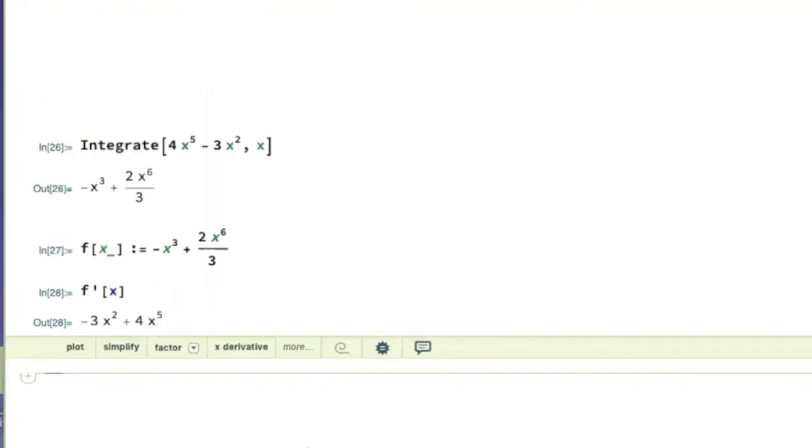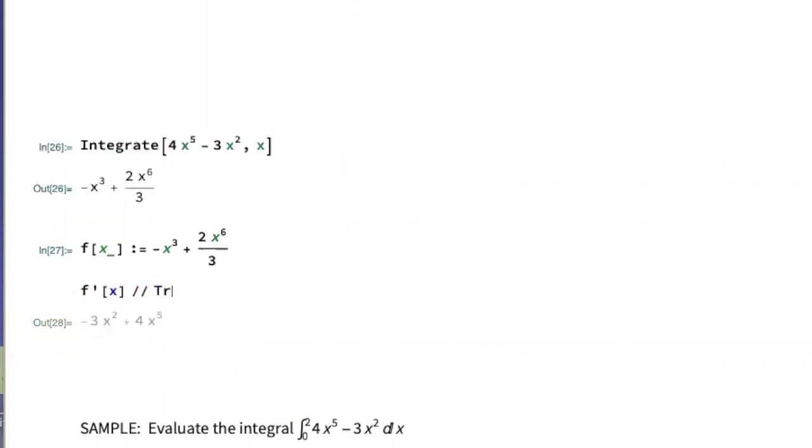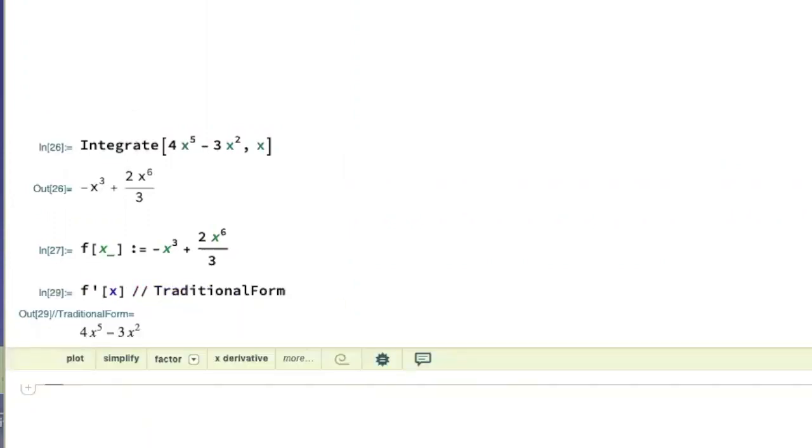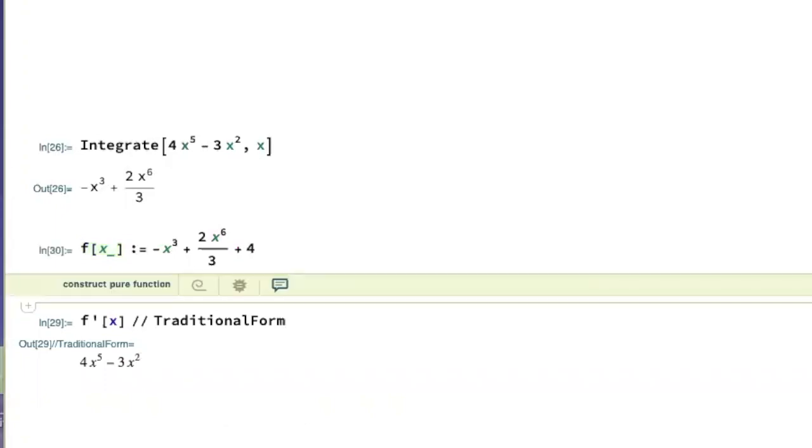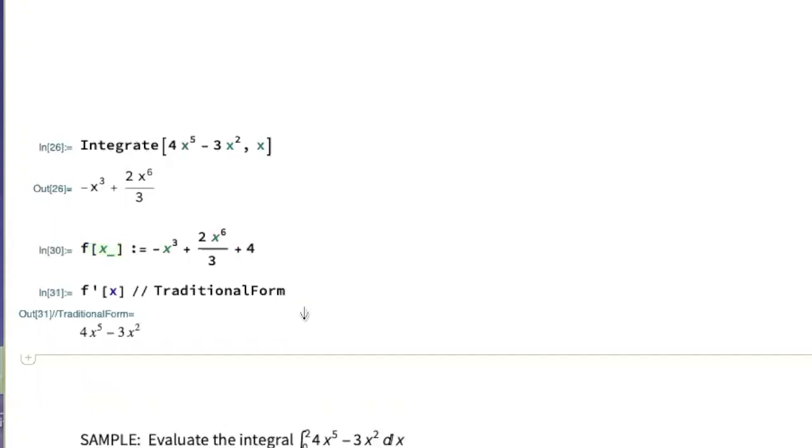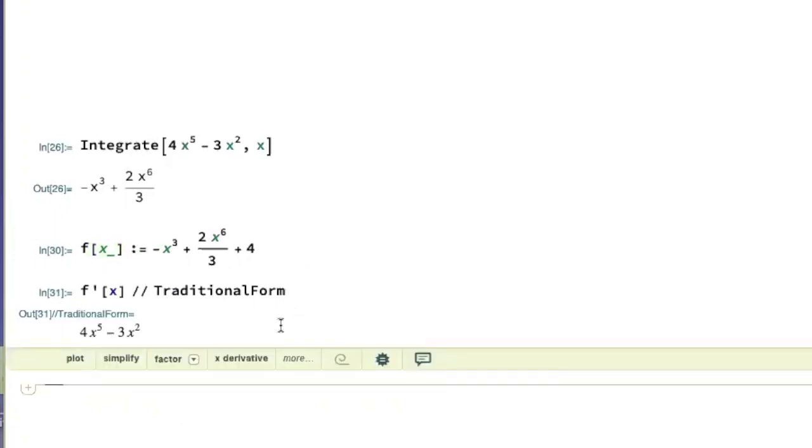Very quickly, I just stored my last output as a function, and then I took that function's derivative, and you can see that this output matches what was in my original integral. But what I'm trying to say is there might have been a plus 4 here in my original function, and when I run the derivative command, I get the same function.